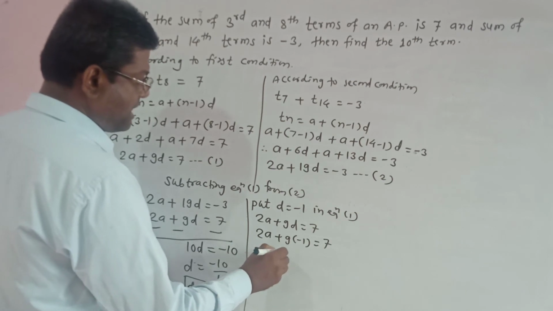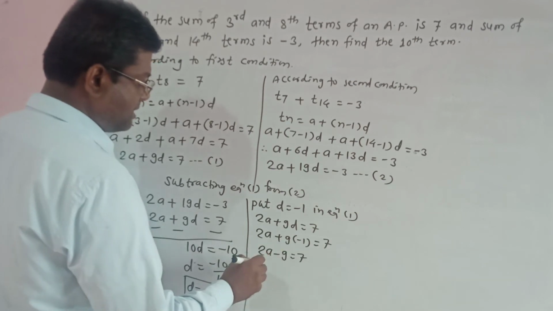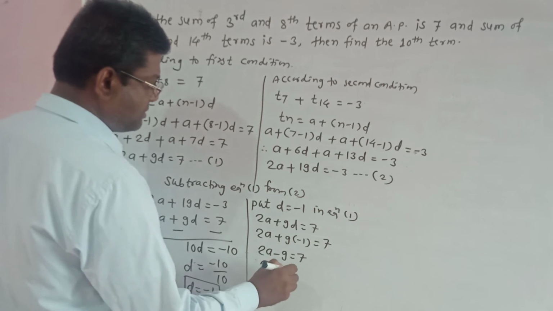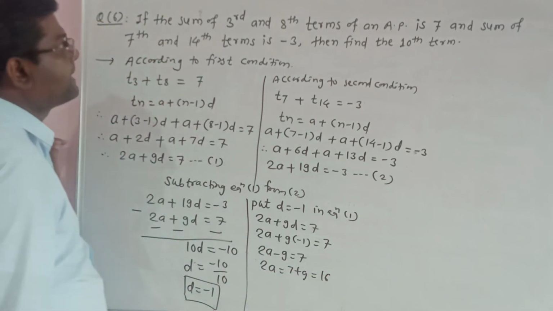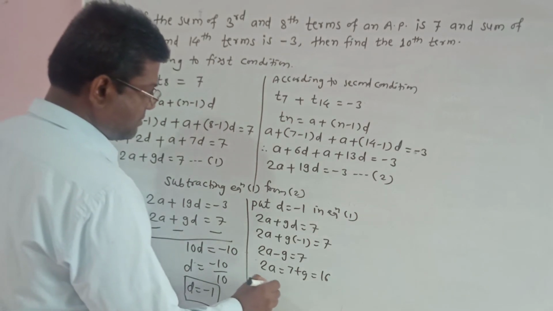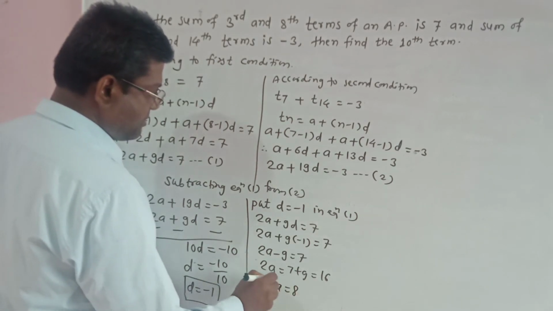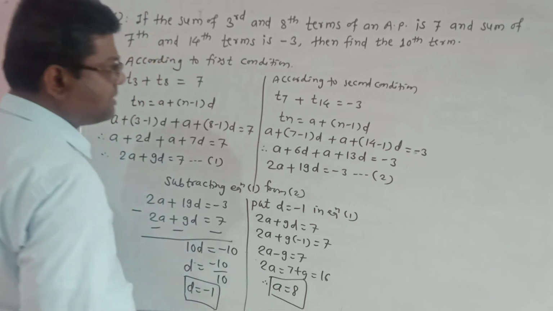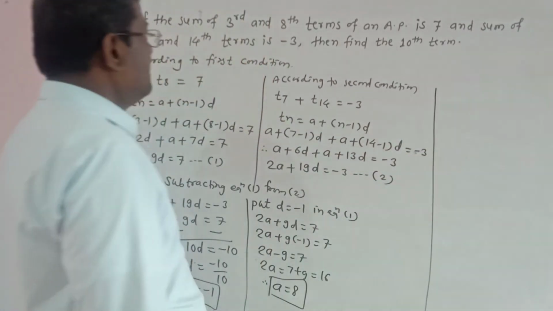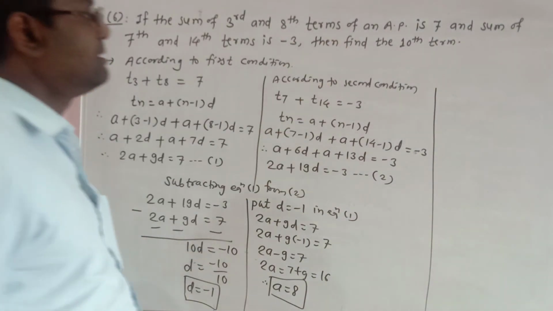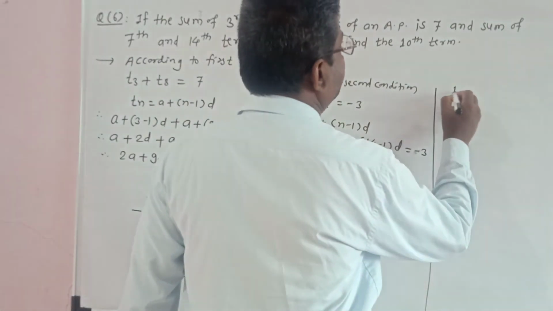Therefore 2A minus 9 is equal to 7. Therefore 2A is equal to 7 plus 9, which is 16. Therefore A is equal to 8. So the value of A is 8. Now we have to find the 10th term. So we have to find T10.